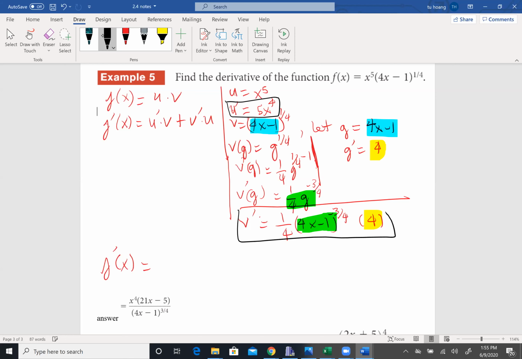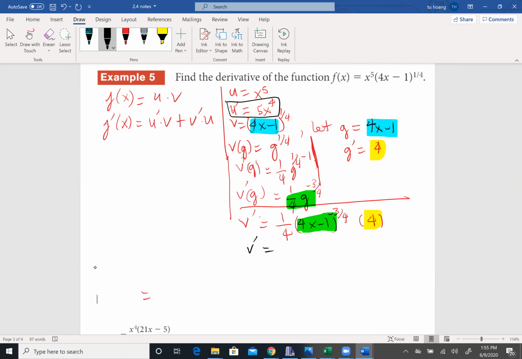Oh, actually, I can simplify more. So v prime is going to be equal to 4x minus 1 to the power negative 3/4, because this 4 cancels with this 4. So this should be the v prime.